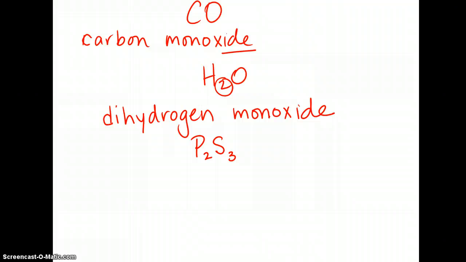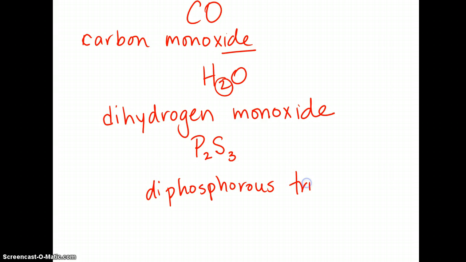So let's see if you get the answer that I got, which is diphosphorus trisulfide. Okay, so that's how you name covalent bonded molecules. Remember, you read from left to right. You look at the subscript, these small numbers, to determine what your prefix is, and you make certain that the second element always ends with "ide."